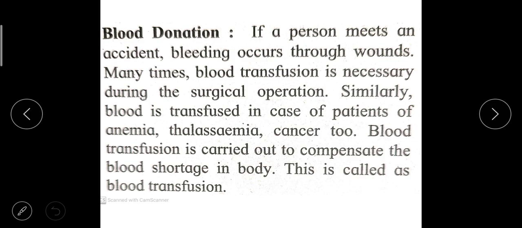Anemia is a disease where the amount of RBCs is reduced below the normal level, and thalassemia is a condition in which the RBC count is increased above the normal count. If the RBC count is decreased or increased, below or above the normal count, it is very harmful for our body. So blood transfusion is carried out to compensate the blood shortage in our body. This is known as blood transfusion or blood donation.